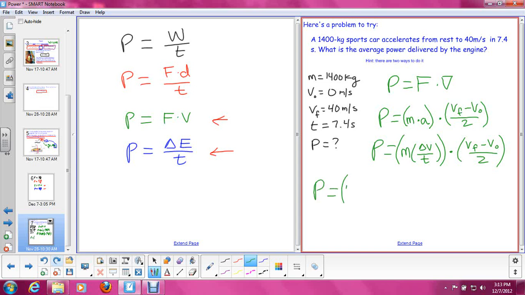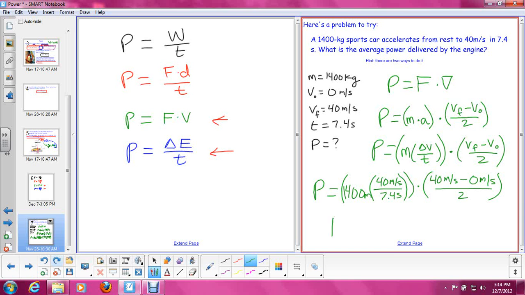Power is equal to the mass, 1400, times the change in velocity. And the change was positive 40 meters per second, and it took 7.4 seconds to do that. And we'll multiply that by the average velocity, which is 40 meters per second, minus 0, because it started at rest, divided by 2.